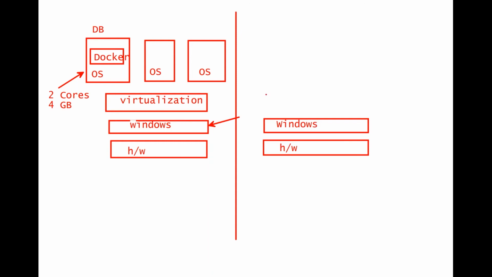And then you can choose to install Docker directly on top of your regular machine. And in the case of Docker, you'll be able to create Docker images that I'll show you in detail in just a bit. And you'll be able to create containers based on those images.